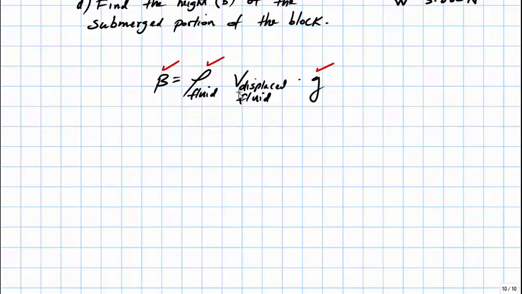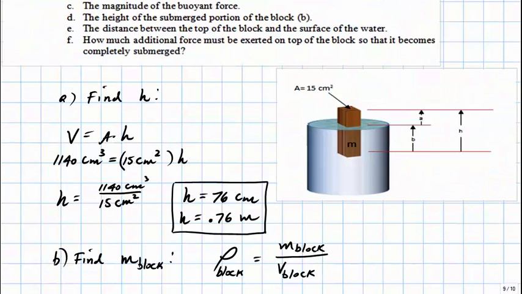Let's examine the relationship between the volume of the displaced fluid and the height of the submerged portion of the block. From this diagram, we can note that the volume of the submerged portion of this block equals the area of the block times the height of the submerged portion.